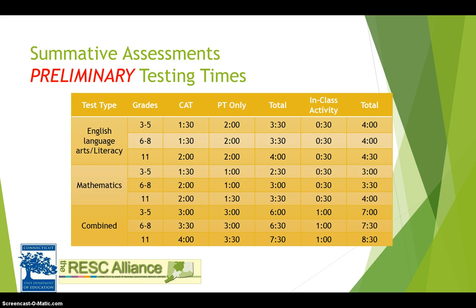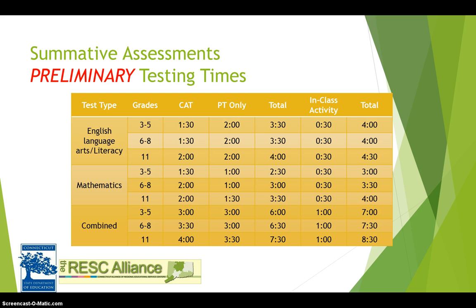In grade 11, you get 2 hours of computer adaptive testing added to the 2 hours of lab time. In mathematics, it's the same hour and a half for computer adaptive testing. The performance task in math is considerably shorter, about an hour. The computer adaptive testing goes up to 2 hours in grades 6 through 8 and 11, and the performance task goes up to an hour and a half in grade 11.